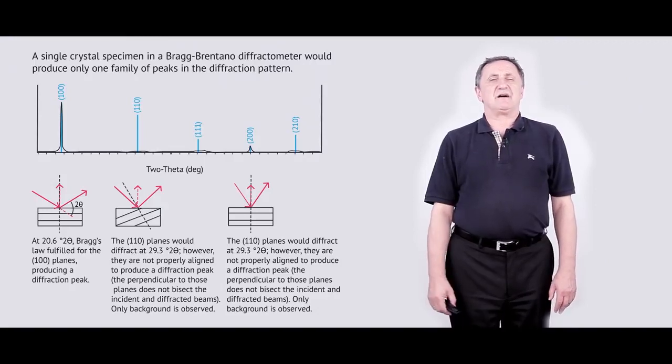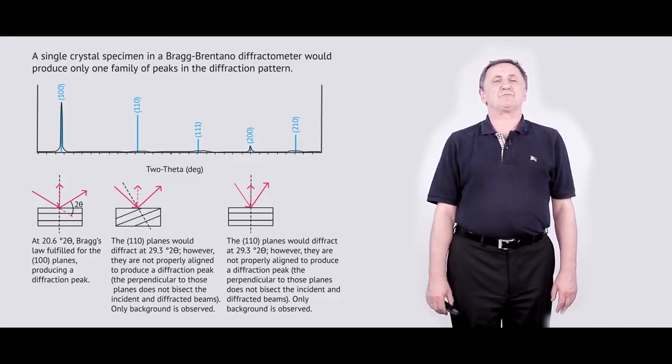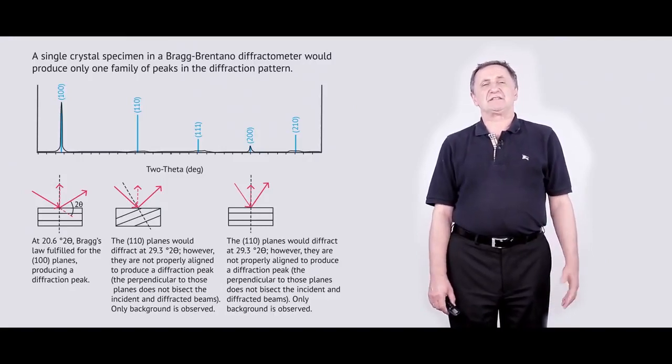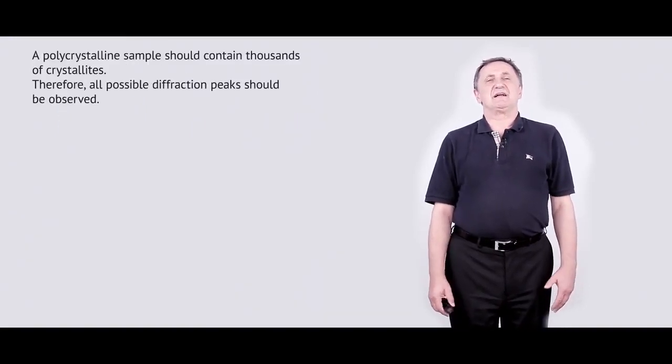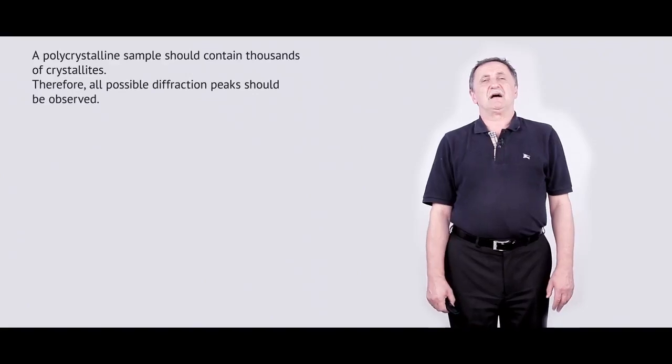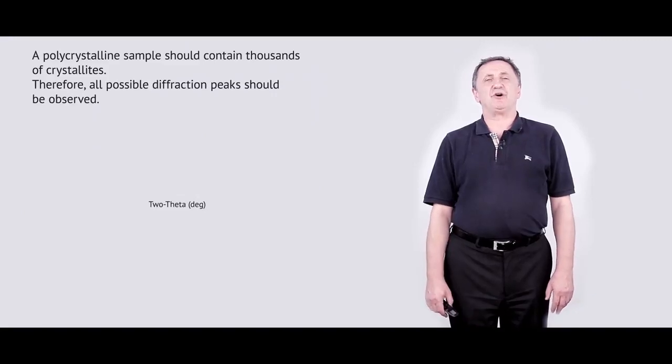While the other planes, 110 for example, are not in the optimum position relative to the beam, in this case we will not see a big peak from the diffraction from the 110 plane. It will be some kind of noise there.